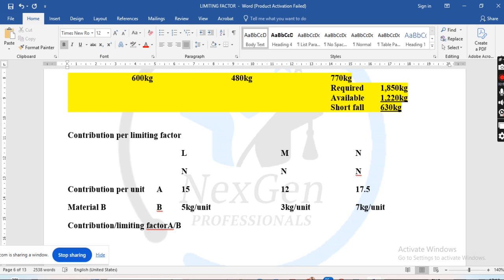Class, A divided by B is contribution per limiting factor. So when you divide it, what do you have? 3. Quickly.